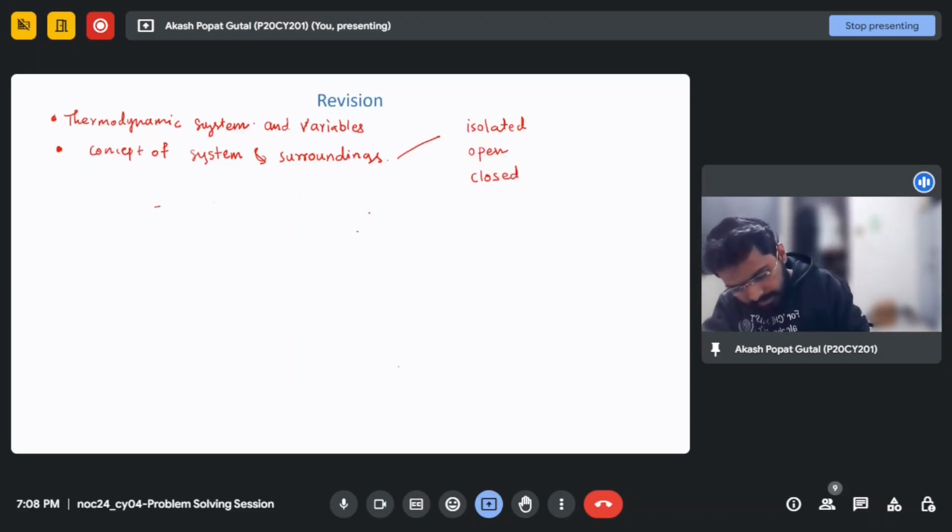Next we have done the microscopic and macroscopic variables.